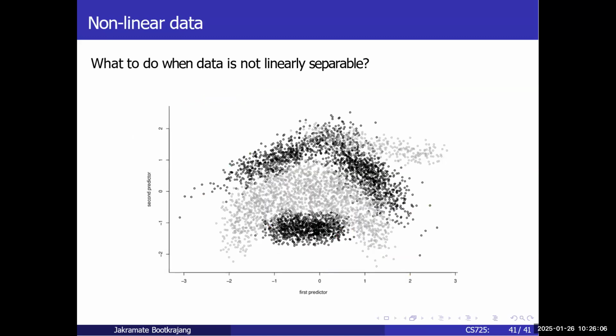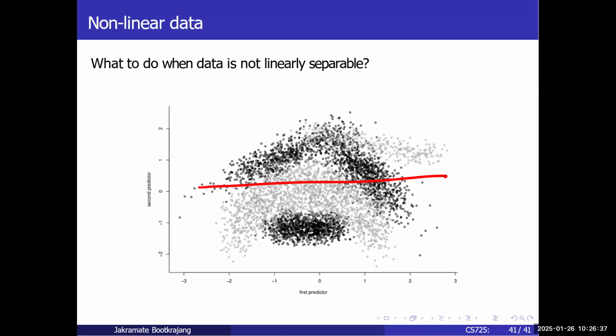And what happens if we have data that is not linearly separable, right? For example, I have this data, we have black and gray. We have one class that is black and another class that is gray. Can I draw a line that can separate black and gray?